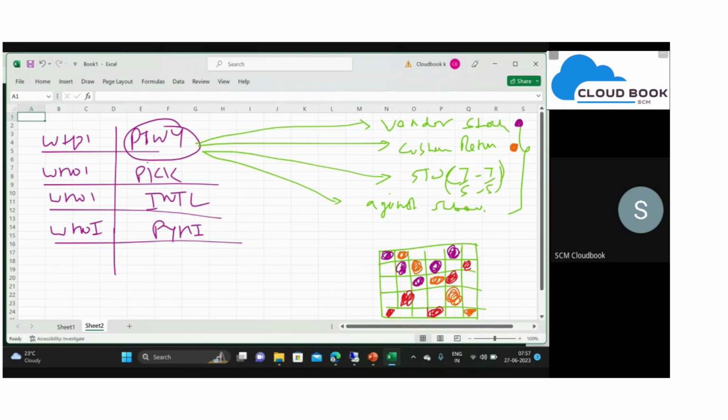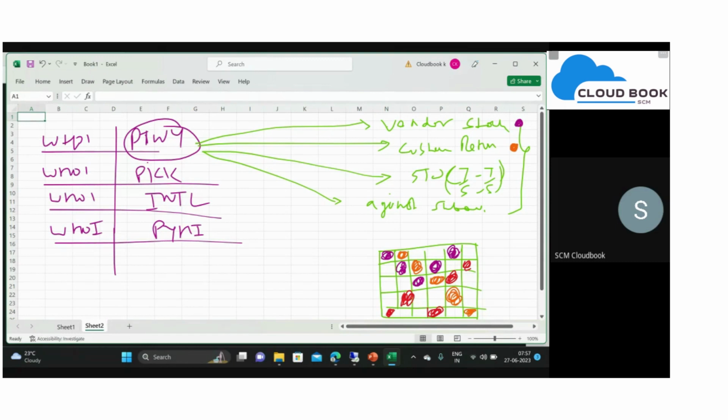So what you will do, you will first look for your sister plants, or sister company, and then demand the material, and they will supply the material to you. Like, you have multiple Tata Motors plants across. If you are short of any material, then another Tata Motors plant will deliver you the material. Those we call STO, stock transfer order.